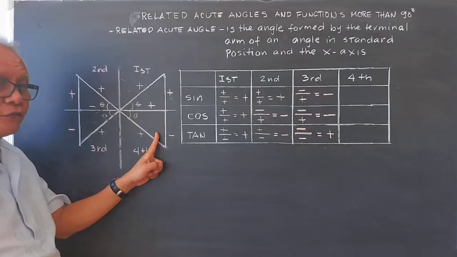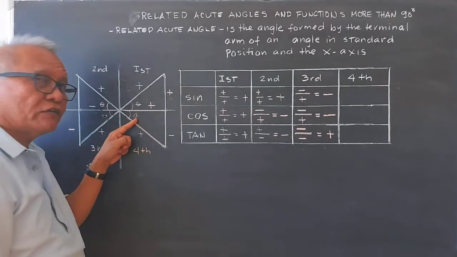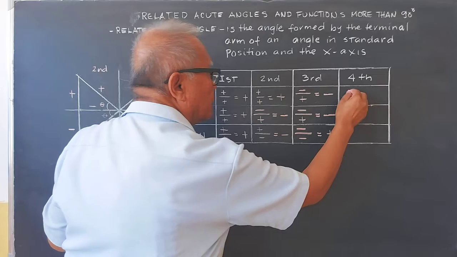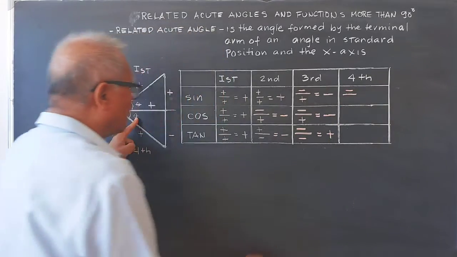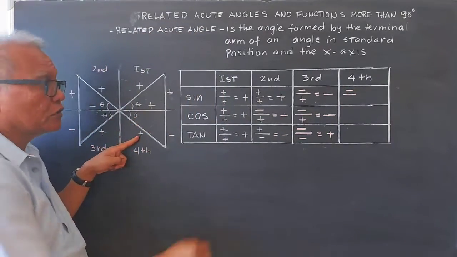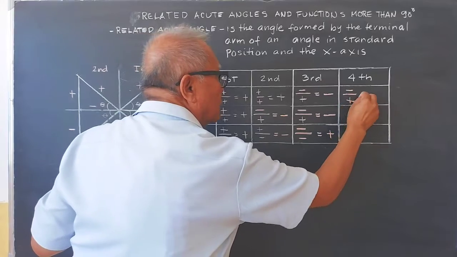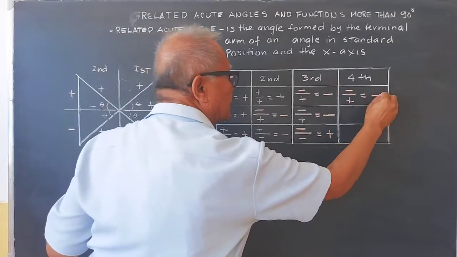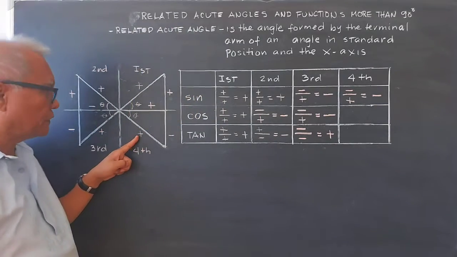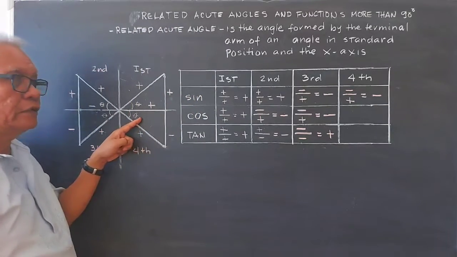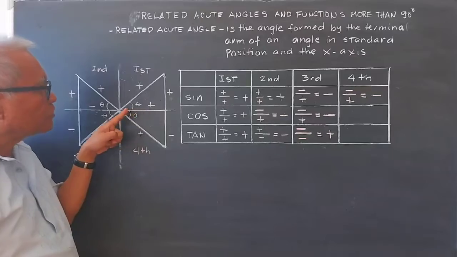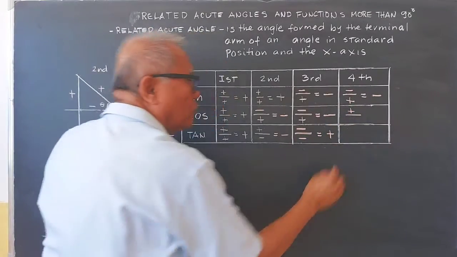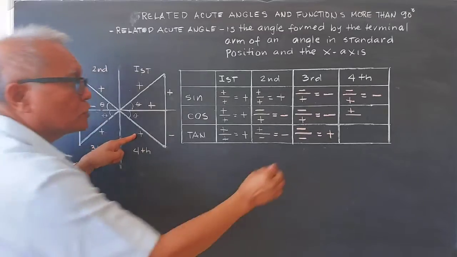Last, the fourth quadrant. Sine is opposite, which is negative here, divided by the hypotenuse, which is positive. Therefore, our sine in the fourth quadrant is negative. Cosine is adjacent, which is positive, over the hypotenuse, which is positive.